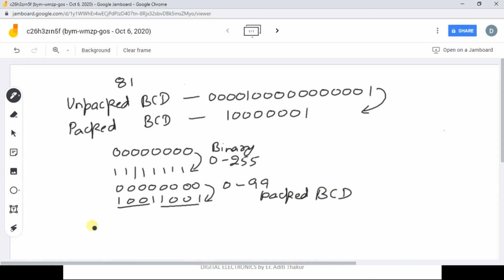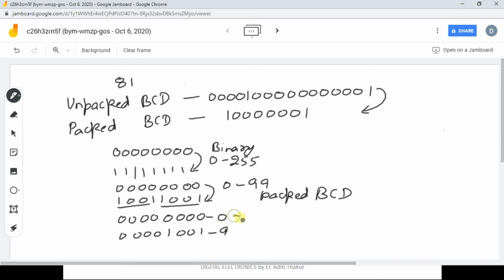Now what about unpacked BCD? We have studied that in unpacked BCD we can represent a single decimal digit with a byte. So this is the minimum number, 0. And if we want the largest number, it is just 1001. So simply it is 9.